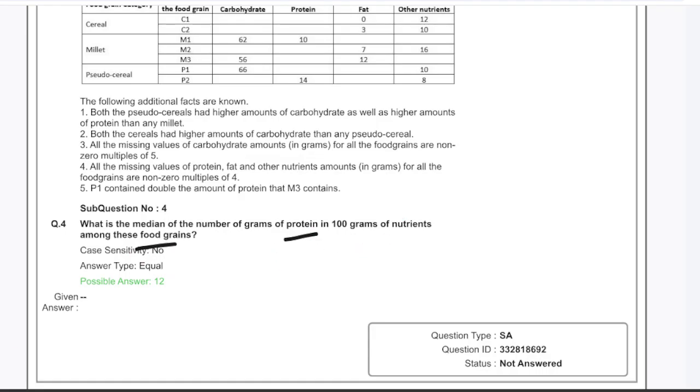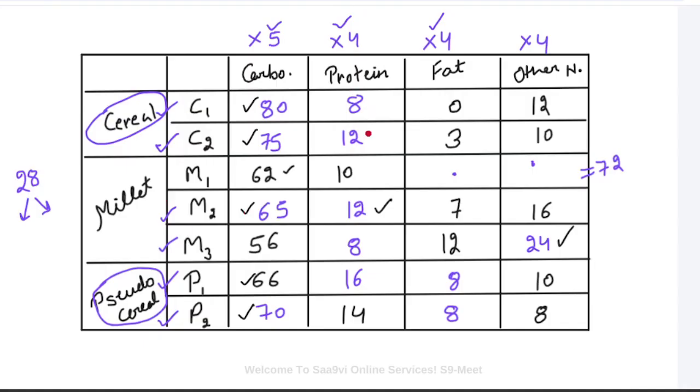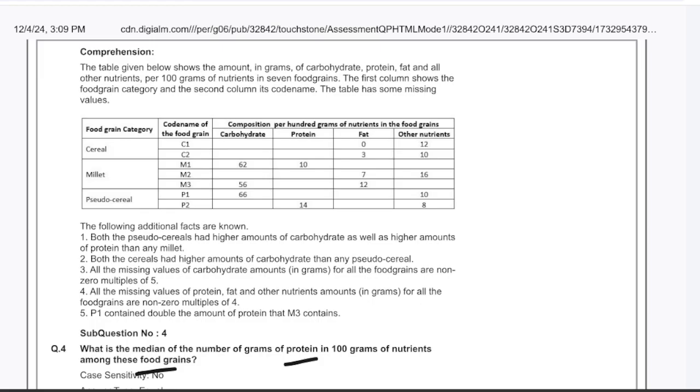So median means the central value. There are 1, 2, 3, 4, 5, 6, 7 values. If I put them in ascending order, it is 8, 8, 10, 12, then again 12, 14, 16. So the central value is 12. That is the median, and that is the answer we get.